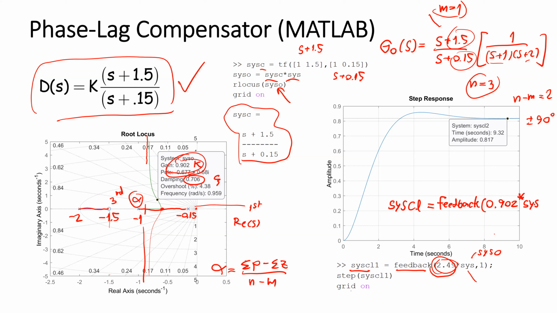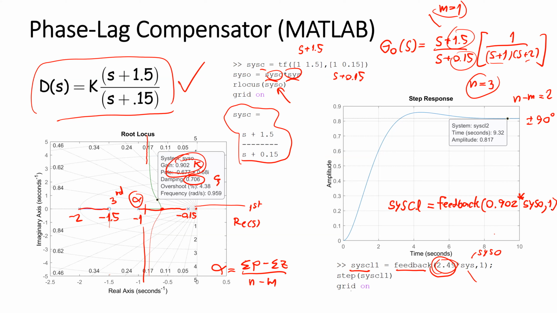The open loop transfer function means the controller transfer function multiplied by the sys transfer function. And the feedback gain is 1.